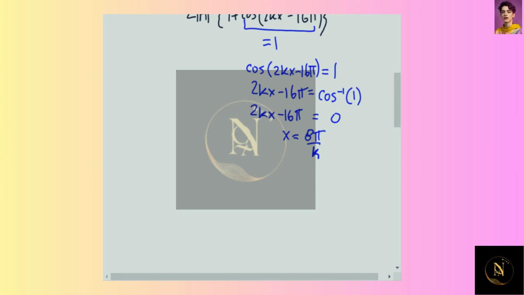The question was asking what x will make the probability distribution function a maximum, and now we just found our answer. It is when the cosine term is equal to 1, and we used algebra to solve for x, which is going to be 8 pi over k. So this is our answer for part A.